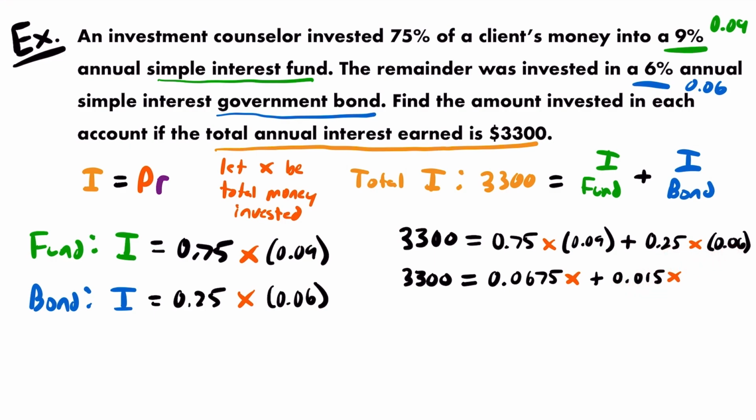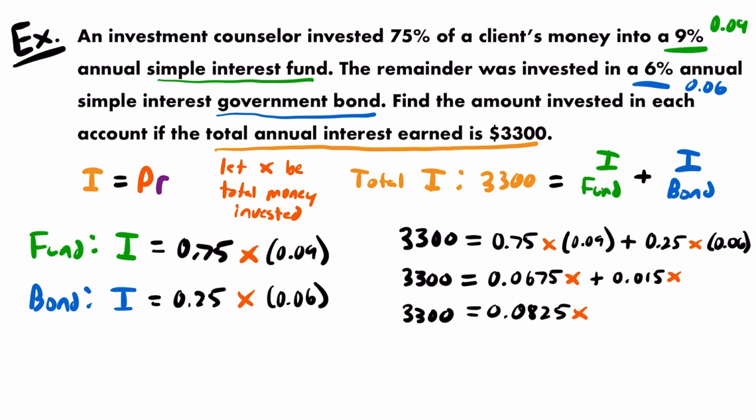All right, and then we have two like terms here, right? Both of these terms have the same variable part of x, so we can combine their coefficients. We can add these two decimal values, and 0.0675 plus 0.015 will give you 0.0825. All right, so that will be multiplied by x, and that's equal to 3,300.